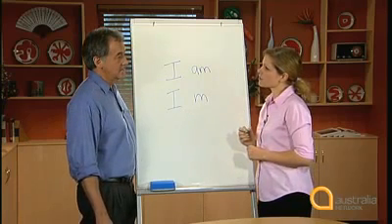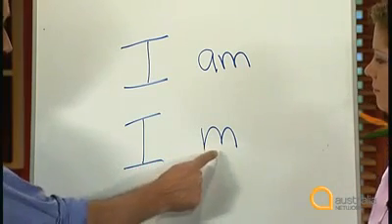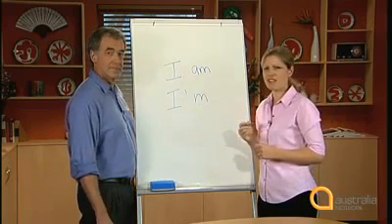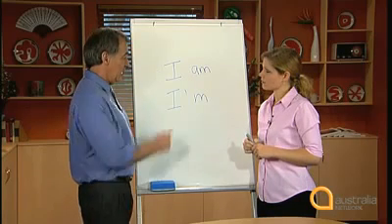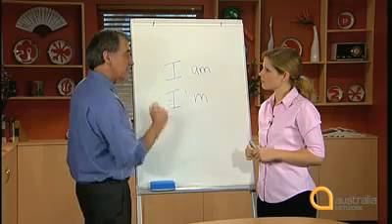Where do you put the apostrophe? Well, that's easy. Between the I and the M. What's the apostrophe for? To show that a sound is missing. I am, I'm. The a sound is missing.